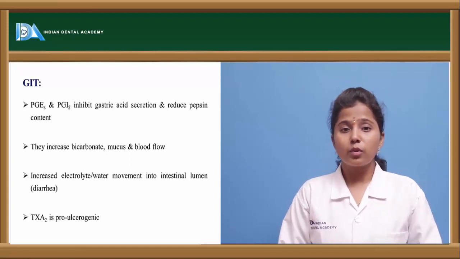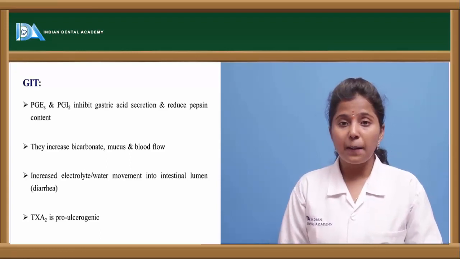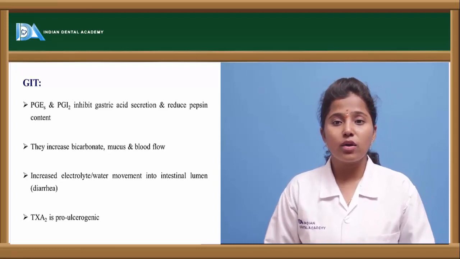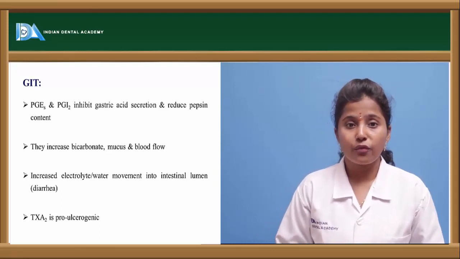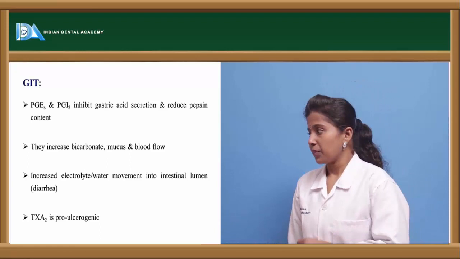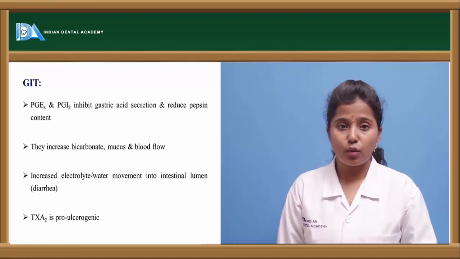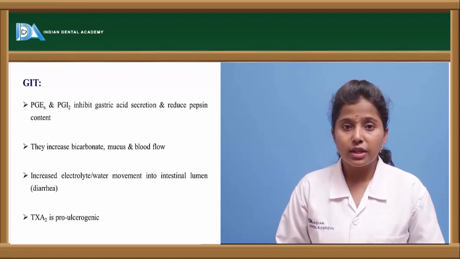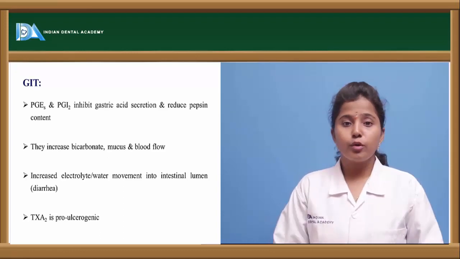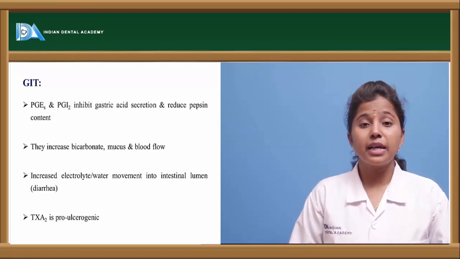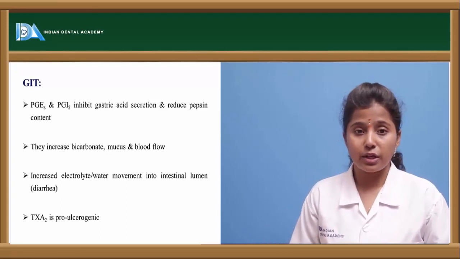But there are a few prostaglandins which act on the gut muscle, where they cause muscle relaxation of the GIT. They increase bicarbonate, mucus as well as blood flow. So mucus secretion is potentiated, and bicarbonate ion secretion is potentiated.